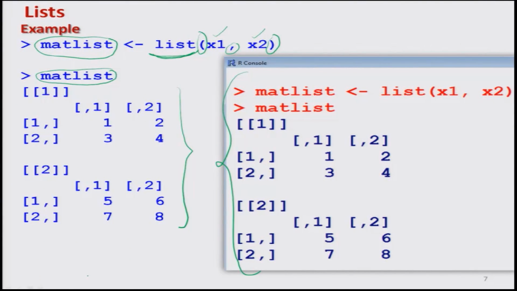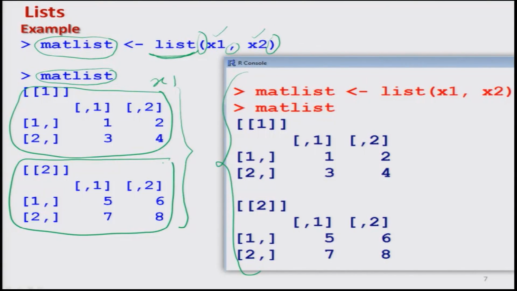So, you can see that this part is simply your x 1 and this part is simply your x 2. So, now I have created a list in which I have given the information about x 1 and x 2 together.